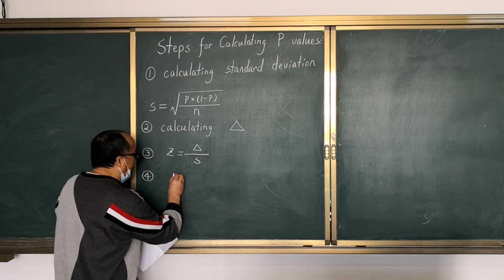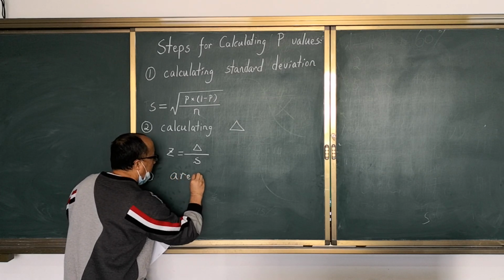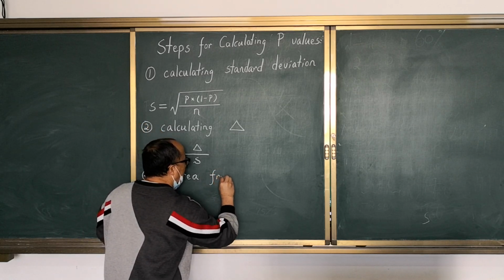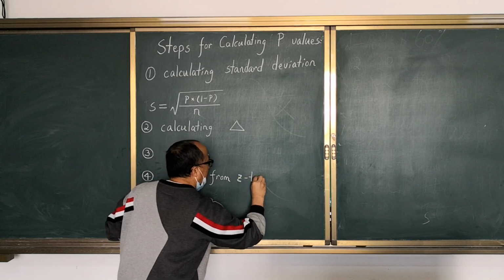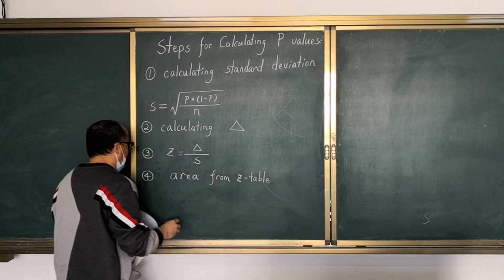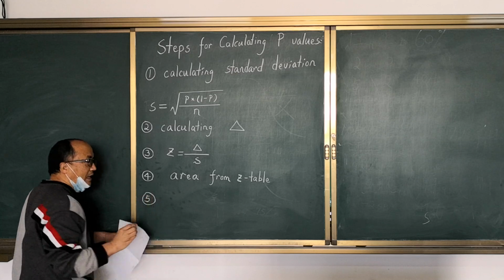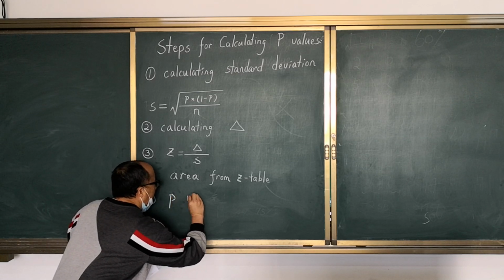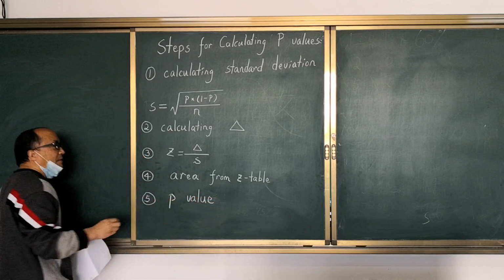We find the area from the table. The last step is to find the p-value.